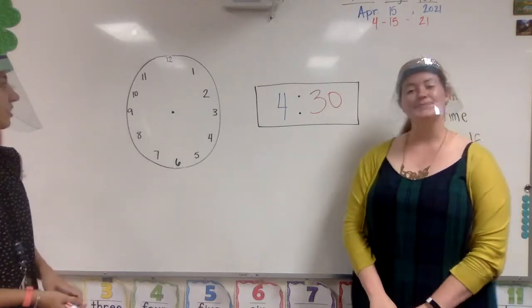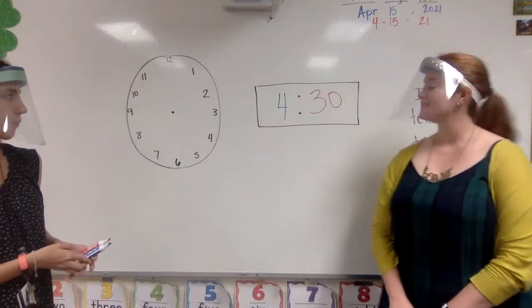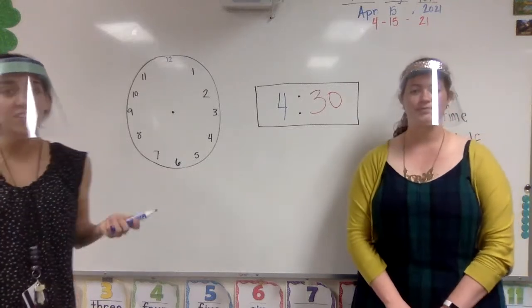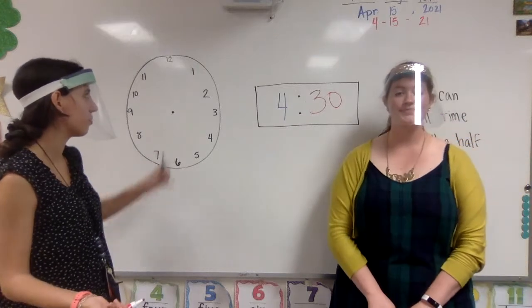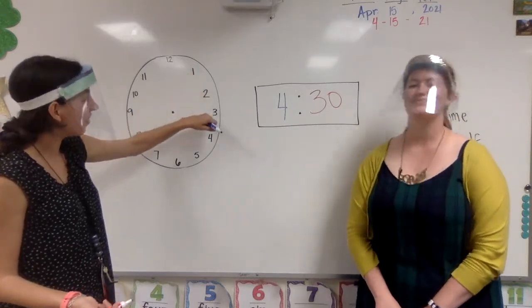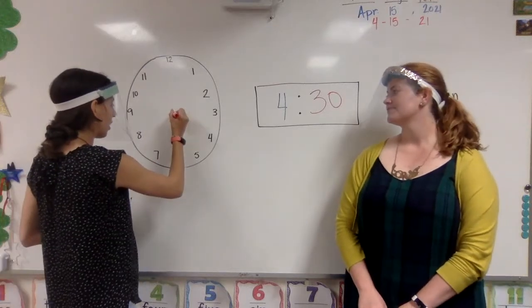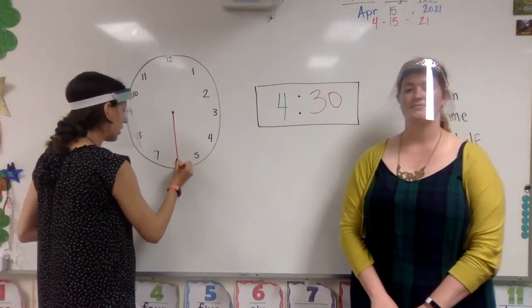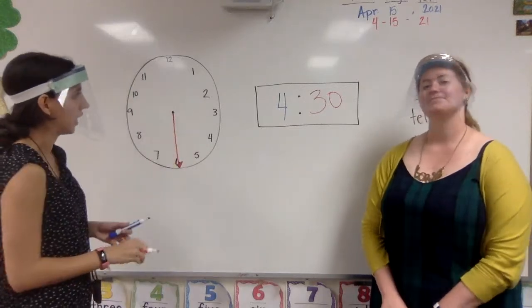Now, on an analog clock, looking at my digital time, 4:30. Well, I know that 30 means that my minute hand is going to be pointing towards the 6 because we go 5, 10, 15, 20, 25, 30. So I'm going to draw my arrow straight down through the 6 to make sure I have my long hand for the minute hand.